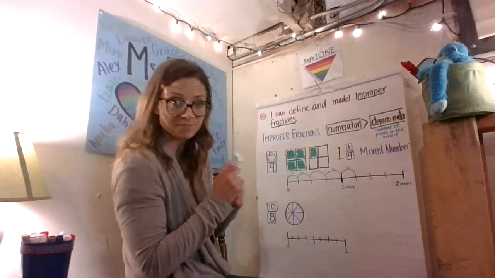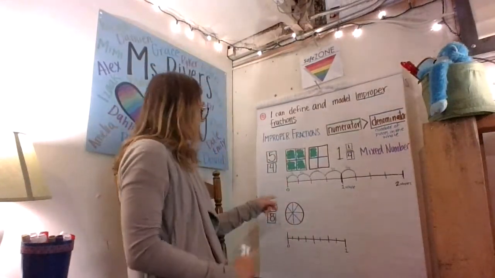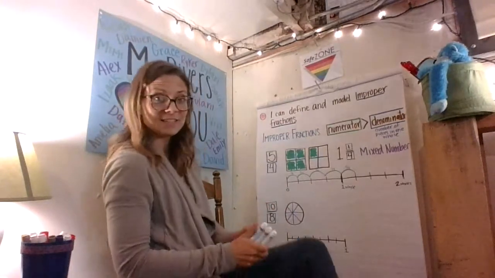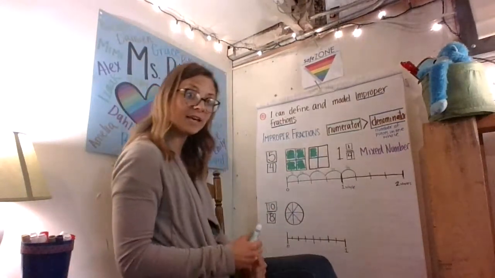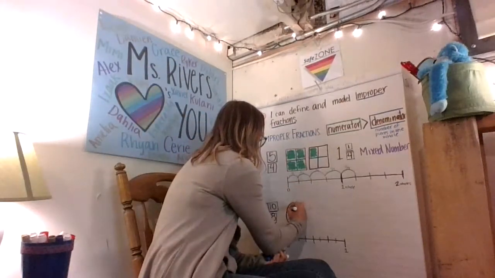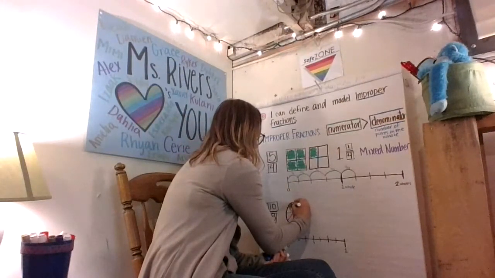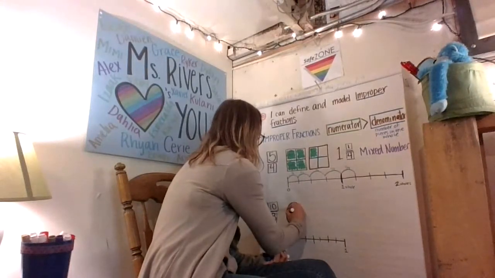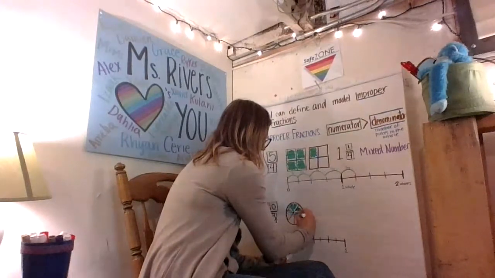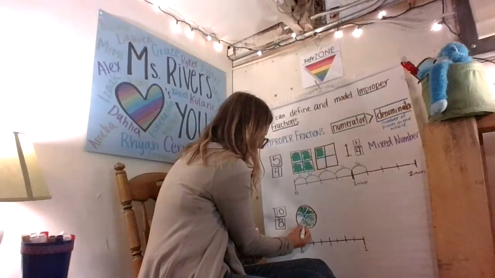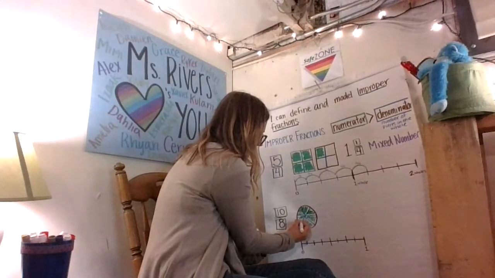Okay, so my numerator of 10 tells me I need to color in 10 pieces of my whole. So 1, 2, 3, 4, 5, 6. Really poor coloring, that's okay. 6, 7, 8.